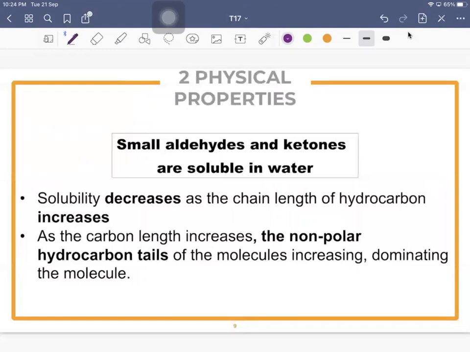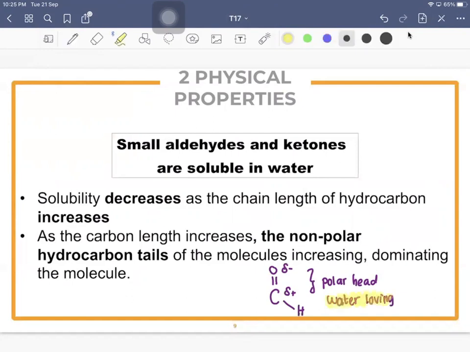The only part that can form a hydrogen bond with water is the C double bond O, which we call the polar head. This polar head is water loving.